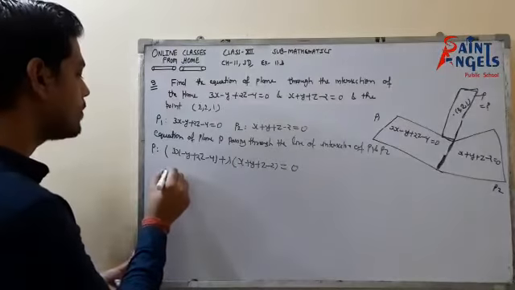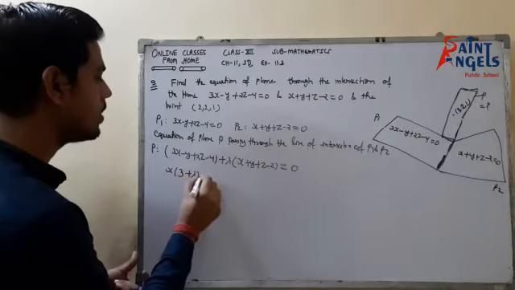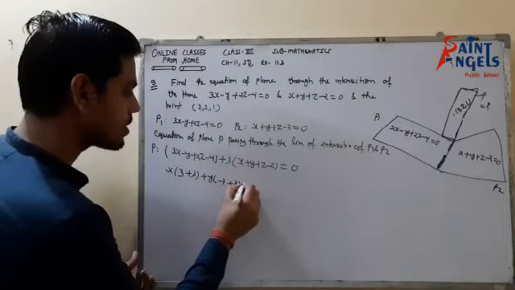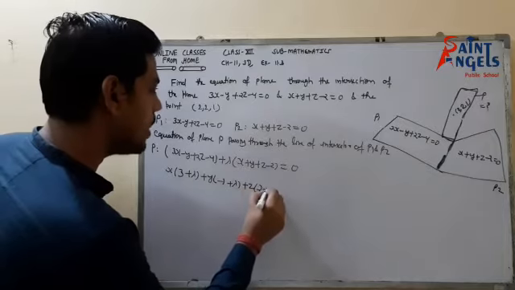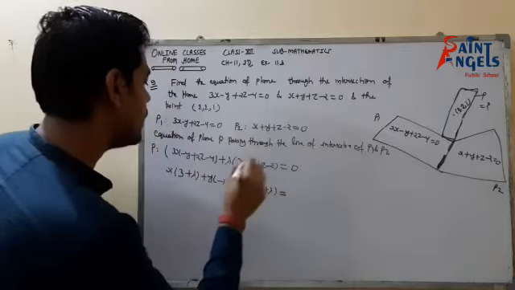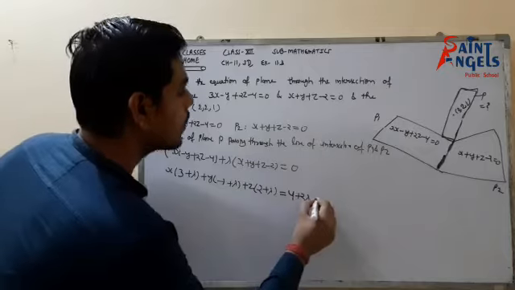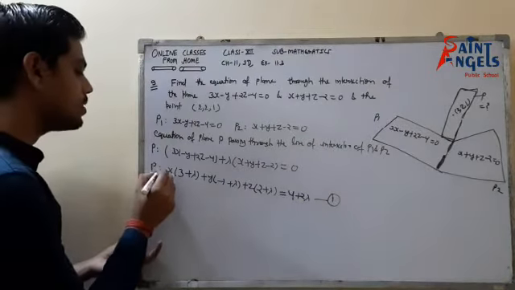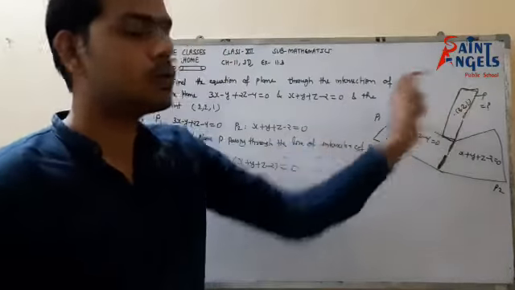So here x is 3 and there plus lambda, here minus 1, there plus lambda, here 2 and there is lambda, and here this is minus 4, so there it would be plus 4 and plus 2 lambda. Equation number first. Okay, so this is the equation of the plane which is passing through the line of intersection of these two planes and the point (2, 2, 1).